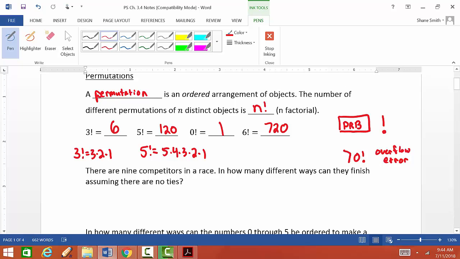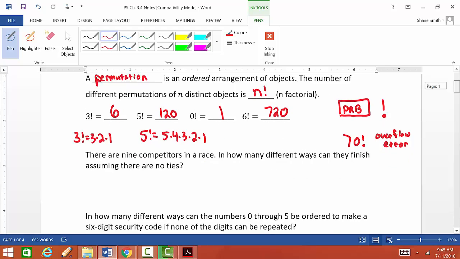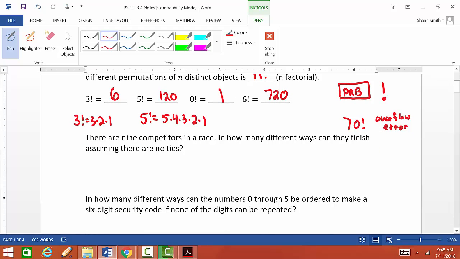That's larger than the number of atoms in the universe. 70 factorial is larger than the number of atoms in the universe, which is mind-boggling. So that's just a fun fact about factorials. A factorial function will grow faster than an exponential function will. In Algebra 2, you've probably learned about exponential functions, and factorials grow even faster than that.